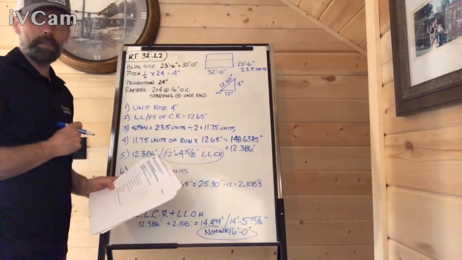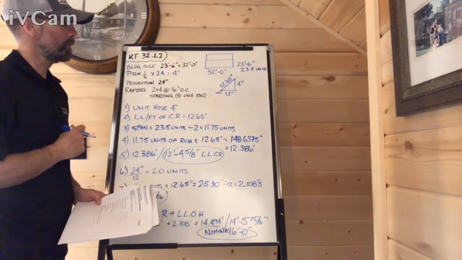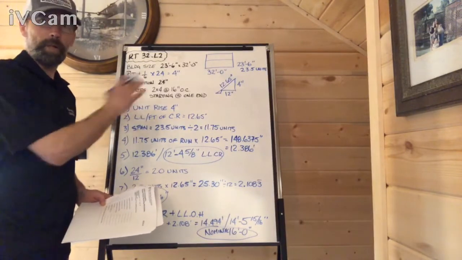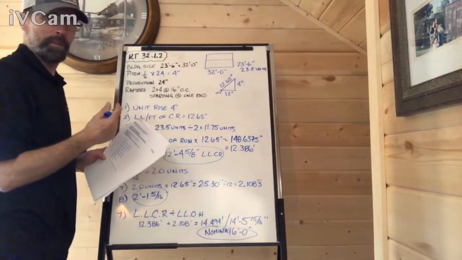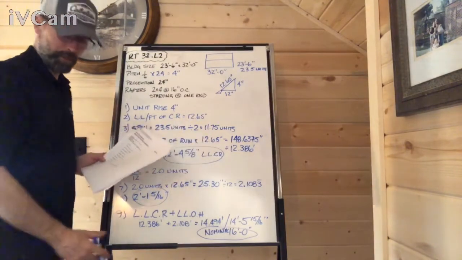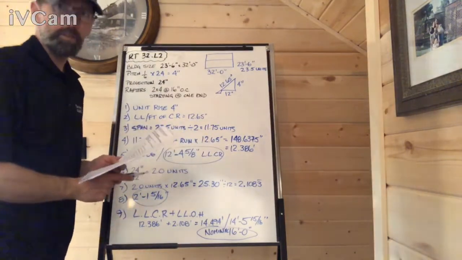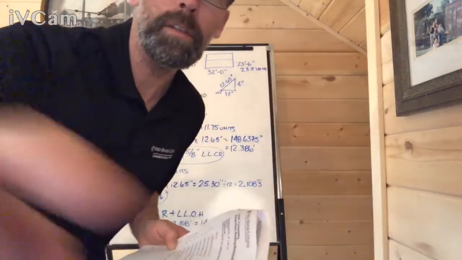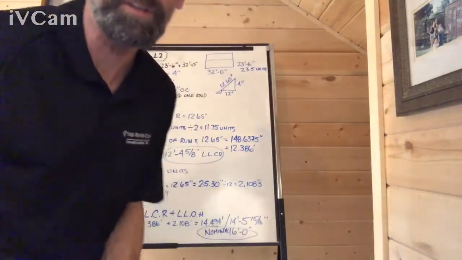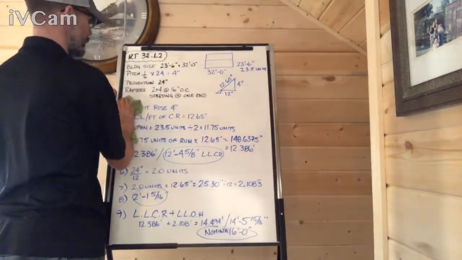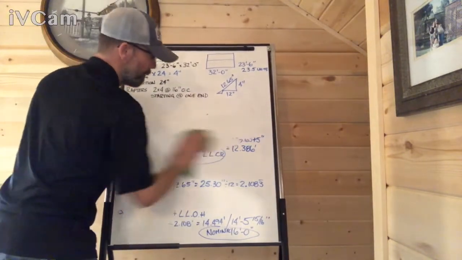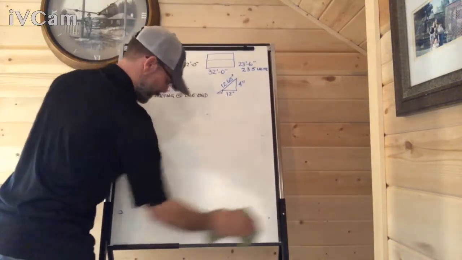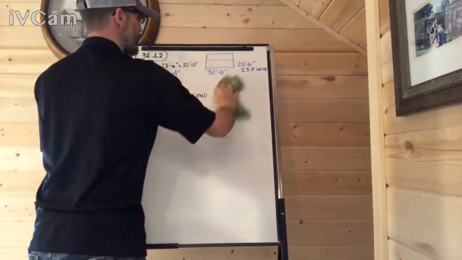Now, the next thing is asking me for the number of common rafters. I'm going to erase this, and I'm going to draw this roof back on here so that I can do a little bit of explanation. I'll leave the building up there.